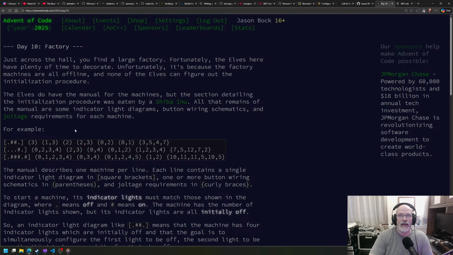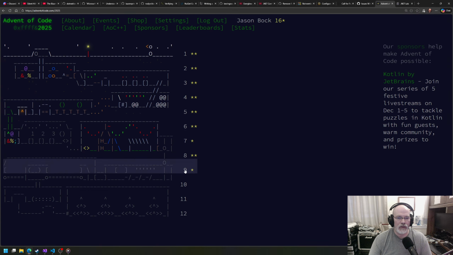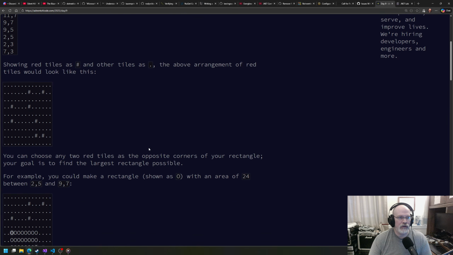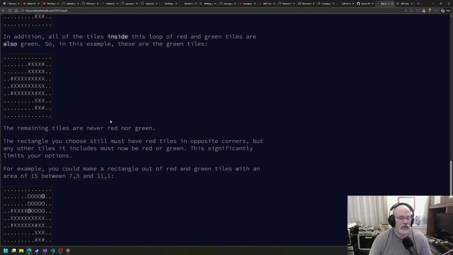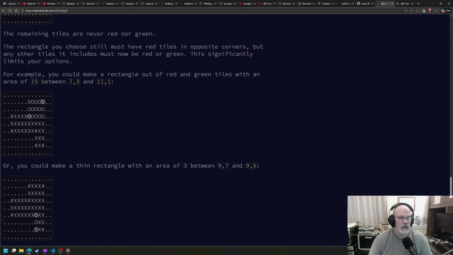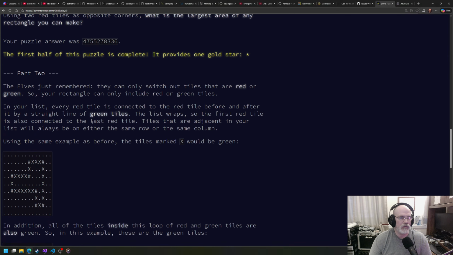I do think I now have a solution for not only part 2 of day 7, but also day 9. Day 9 would be kind of brute force, but I think I've figured that out. If I go back to 9, you see that basically what it's saying is, if I go to part 2, I could make a rectangle out of this, okay, because that works.